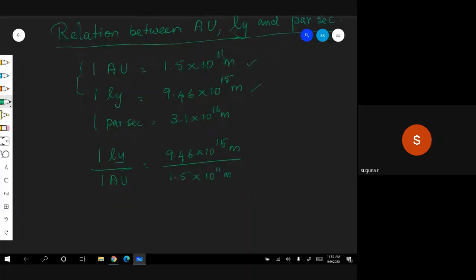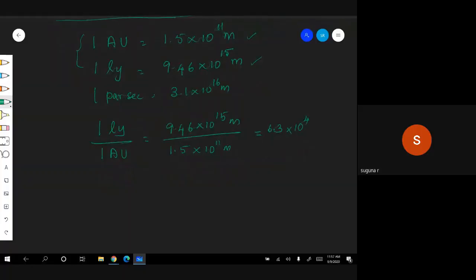Therefore, what is the answer? It will be 10 power 4, since 15 minus 11 is 4. Okay, 9.46 divided by 1.5 is 6.3, so 6.3 into 10 power 4. Are you following?